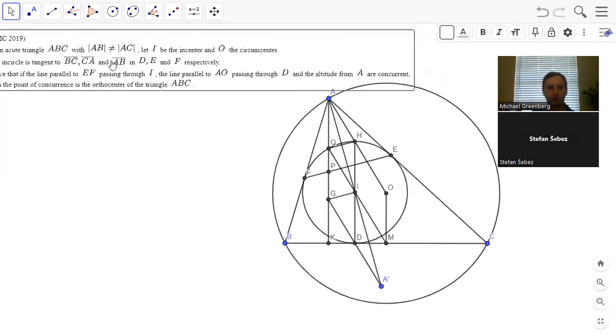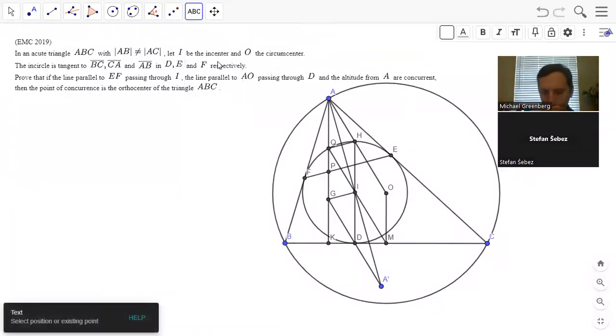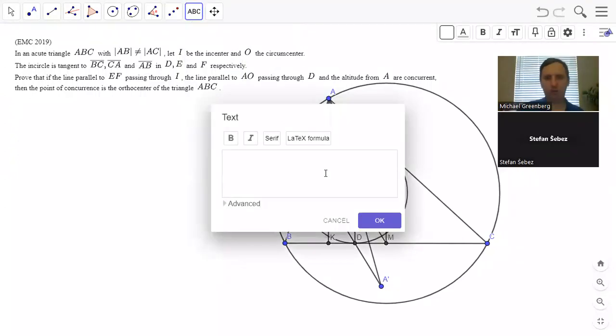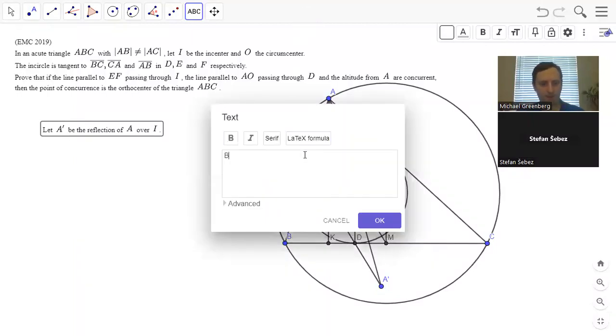I'll type it up quickly, but let A prime be the reflection of A over I. By an angle chase, I'll just say by an angle chase, GI bisects AGA prime.